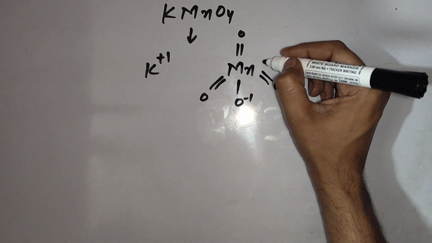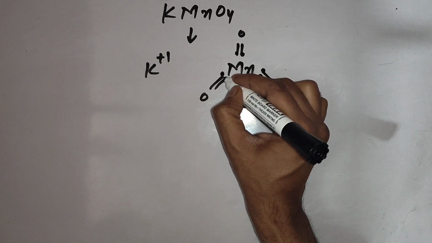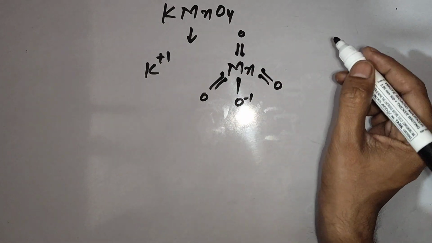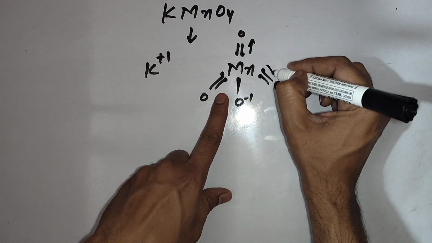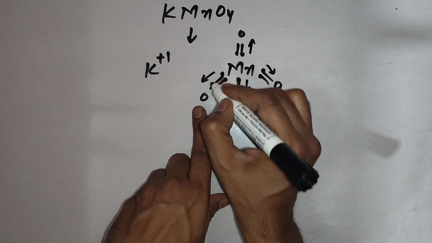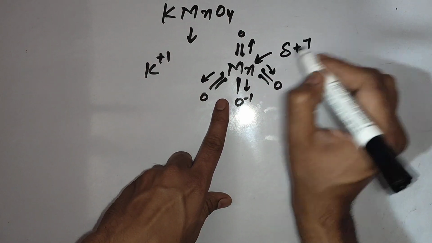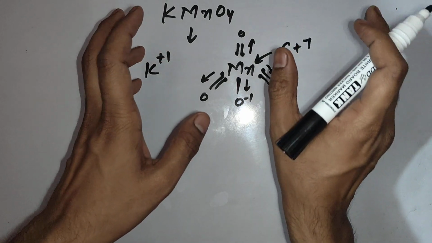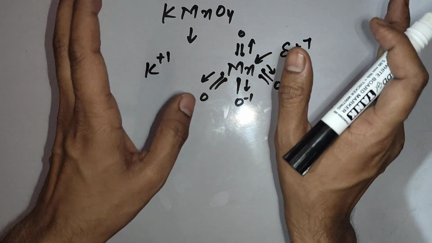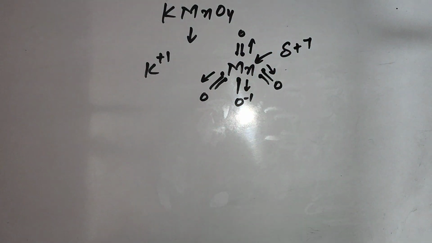Now manganese is sharing 7 electrons with oxygen, and oxygens are highly electronegative as compared to Mn. So the 7 electrons are going toward oxygens, due to which this Mn is carrying a partial +7 charge. This means the Mn is strongly positive, so it can work like an electrophile, meaning it can attack on electrons. Who can provide electrons? Alcohols. Let's start.